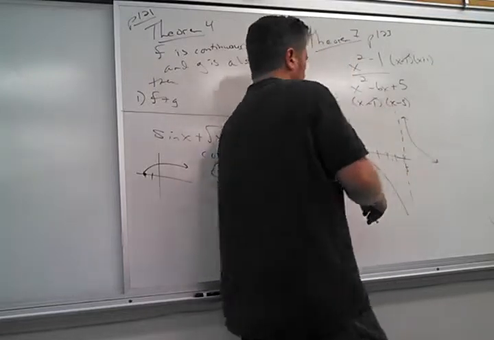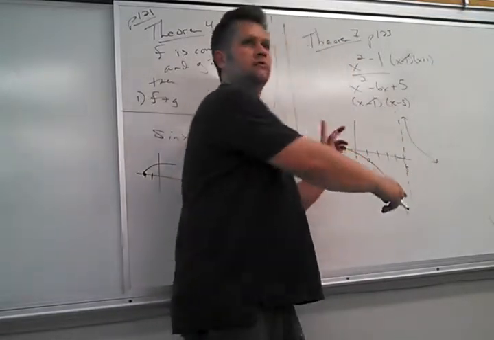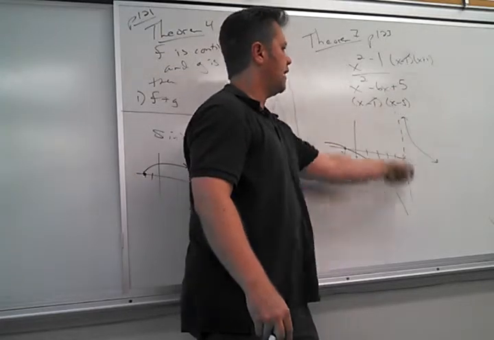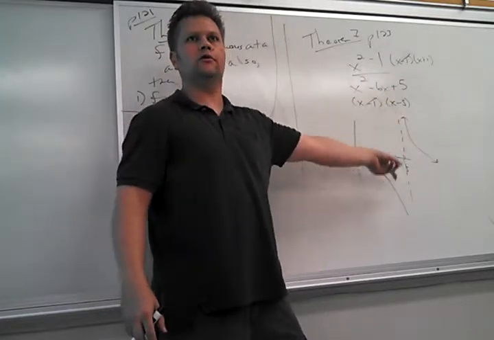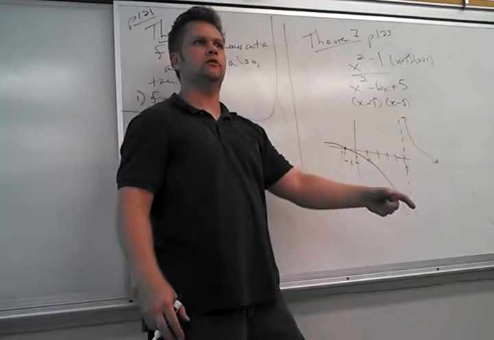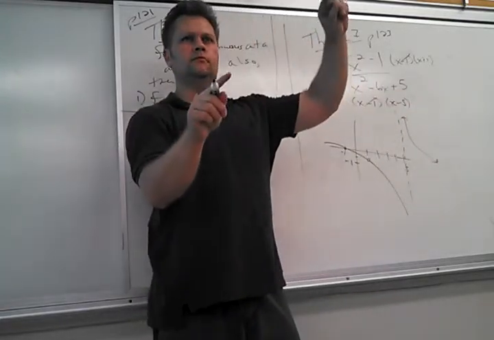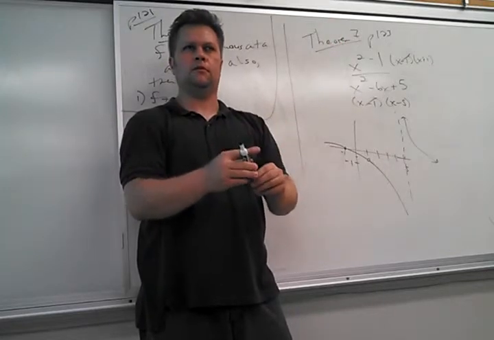Everywhere else, it's continuous. Every other point on there, except for 1, and at 5 it doesn't even matter. It goes to infinity, negative infinity, so it doesn't really matter there. Every other point on here, it's continuous.